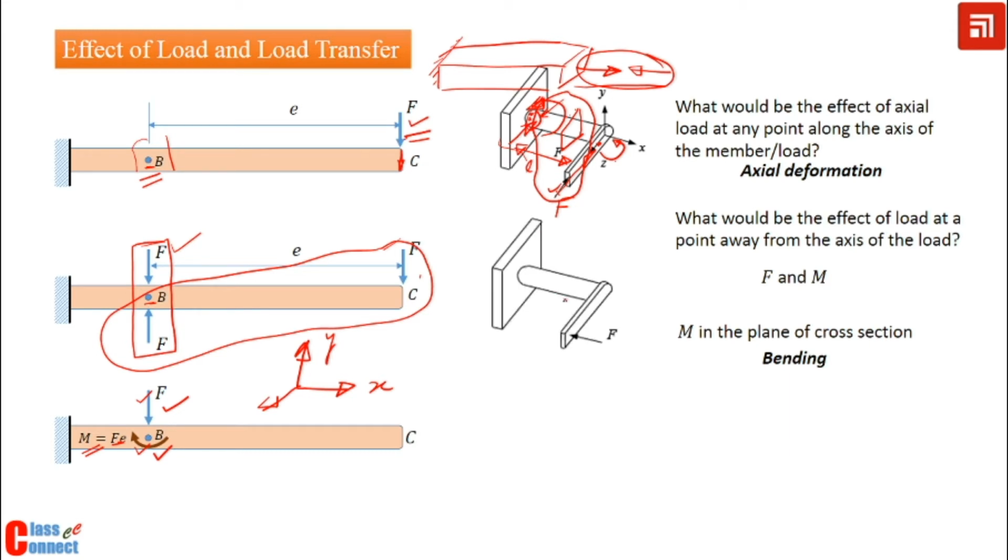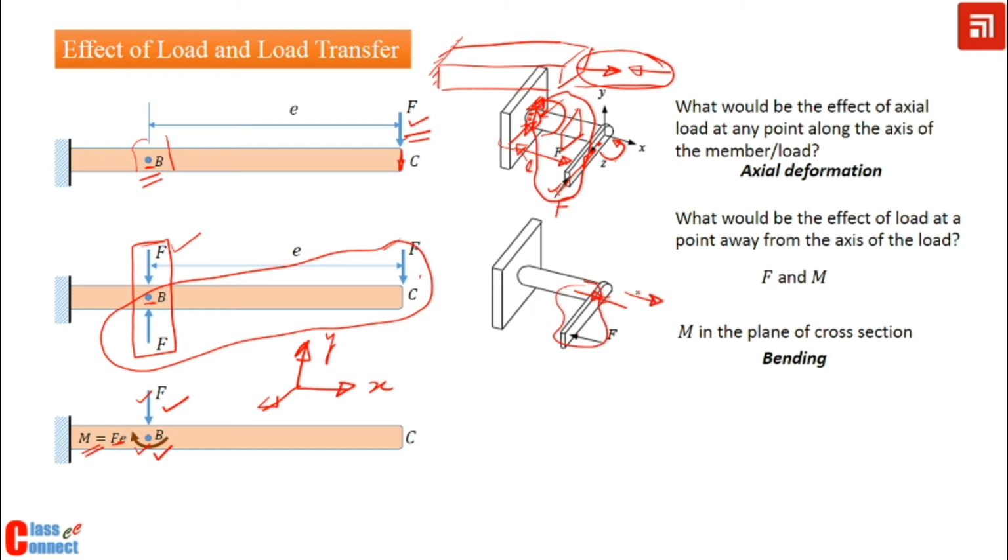Now let us see what is the effect of this force on this member. If we consider as such, first let us say point this, then again what we have to do, we have to apply equal and opposite force to see the effect, and this force and this force will constitute a couple.